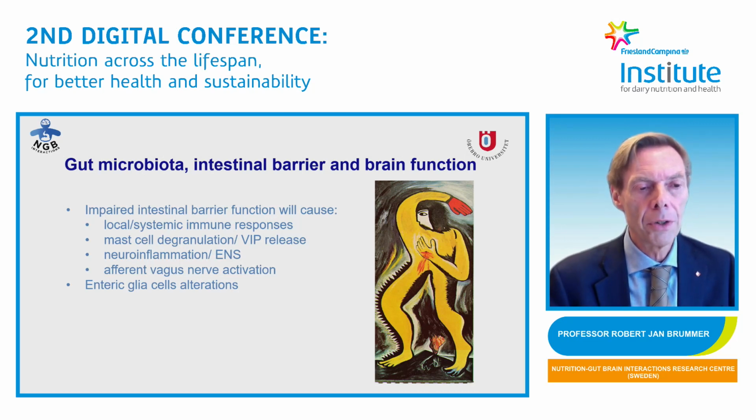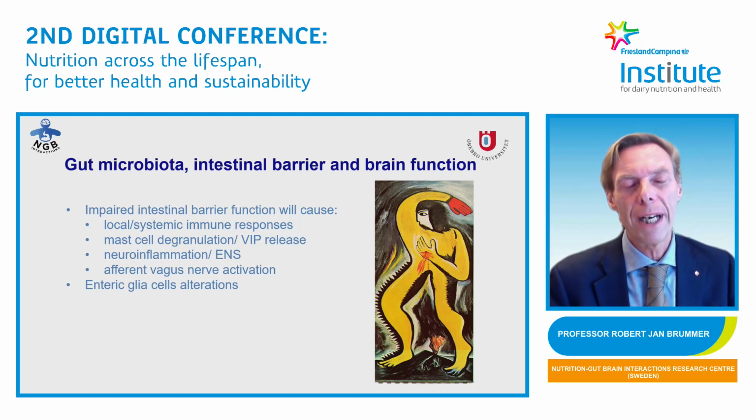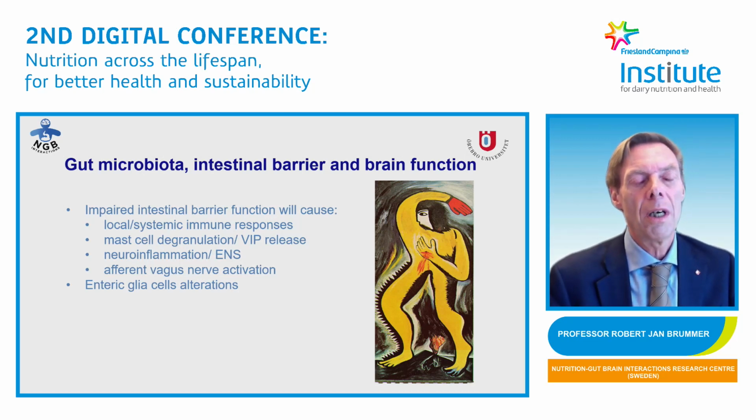On the other hand, we also see changes in the matrix of the enteric nervous system by the glia cells, and they are important to change the signaling of the brain to the gut into signals of the enteric nervous system, and that can also go somewhat wrong if you have prolonged activation of the immune system in the gut. Next slide.